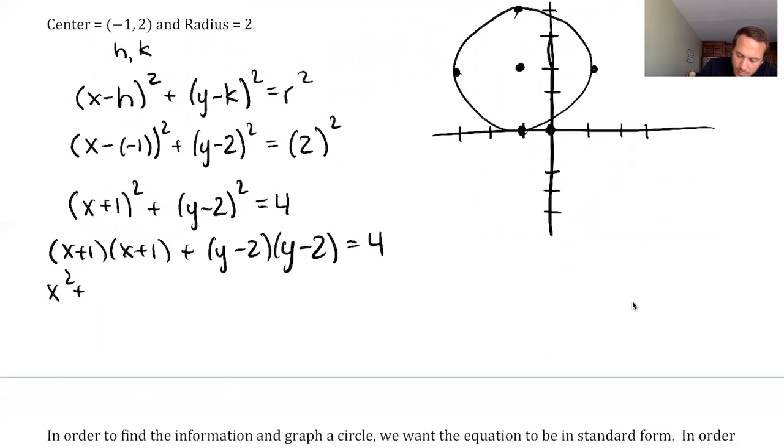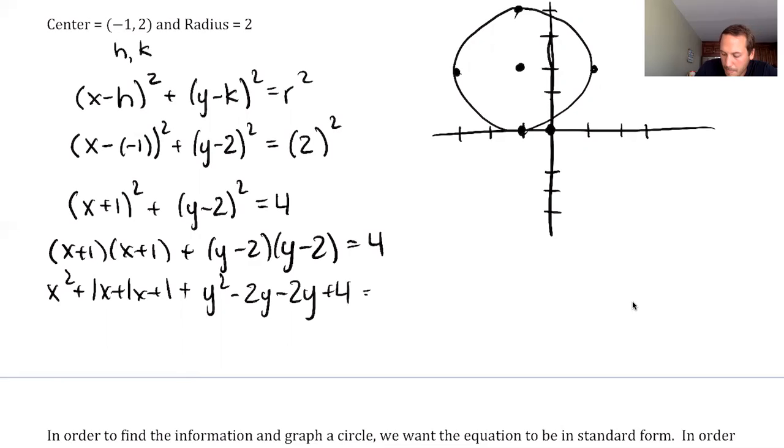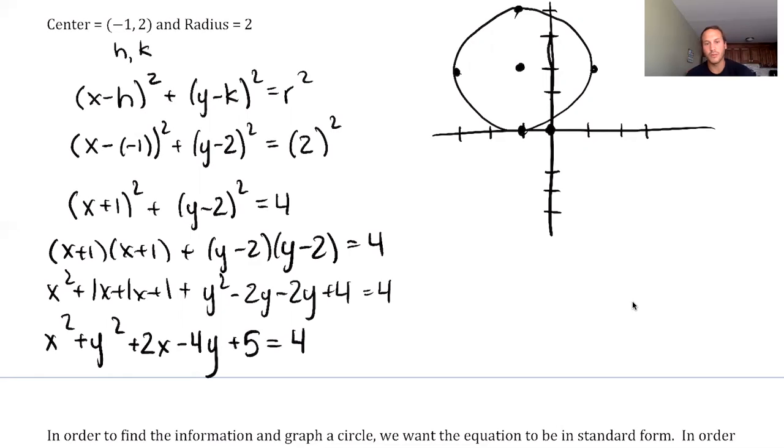X squared plus 1x plus 1x plus 1 plus y squared minus 2y minus 2y plus 4 is equal to 4. I'm going to put my x squared terms first, then my y squareds, my x terms, my y terms. 1 plus 4 is 5, equals 4.